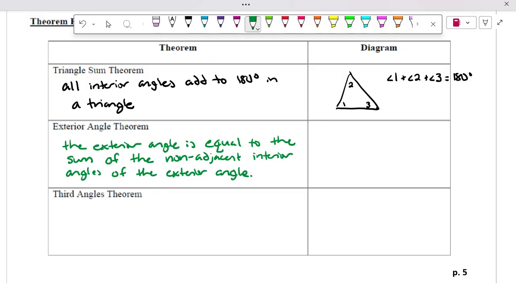So whichever two angles are not adjacent to the exterior angle, the sum of those two angles will equal whatever the degree of the exterior angle is.